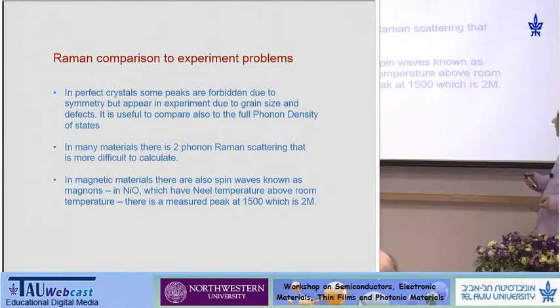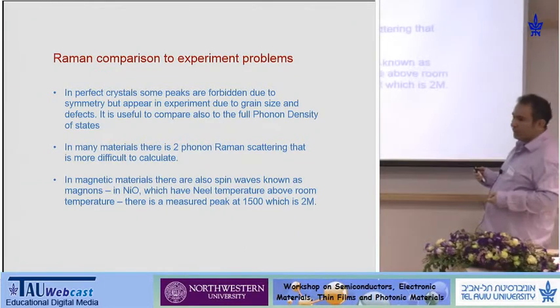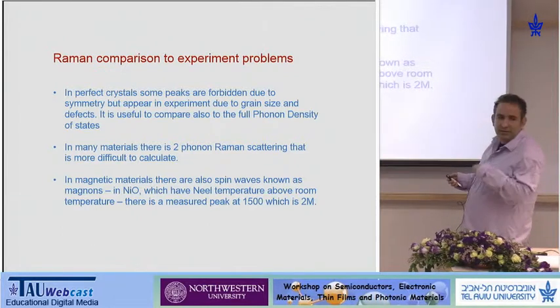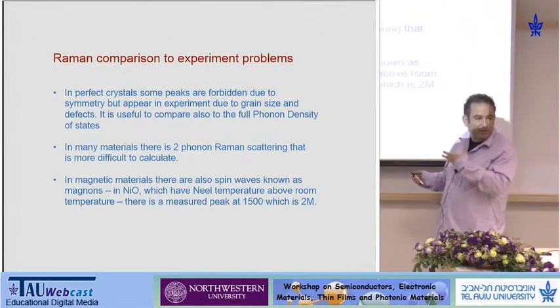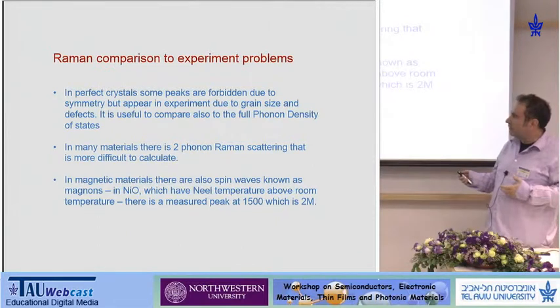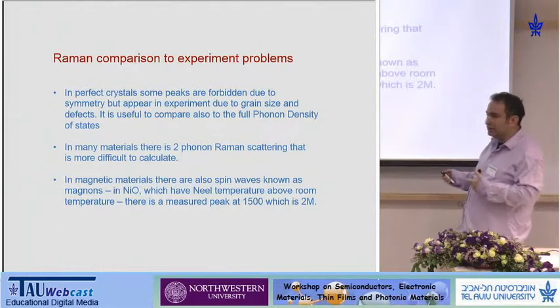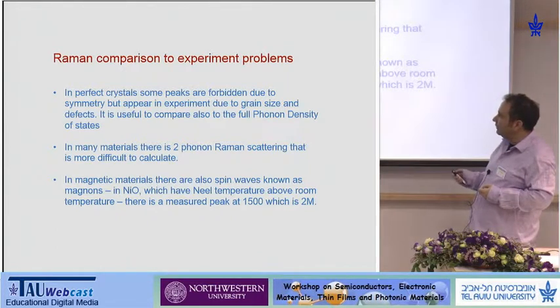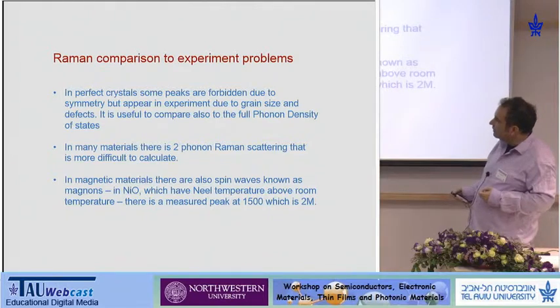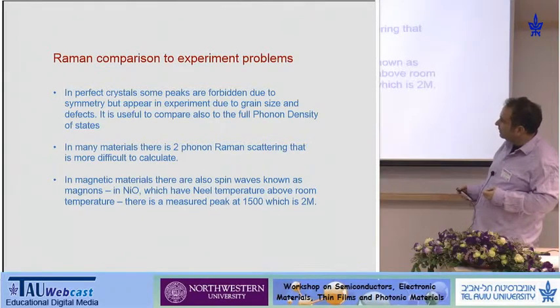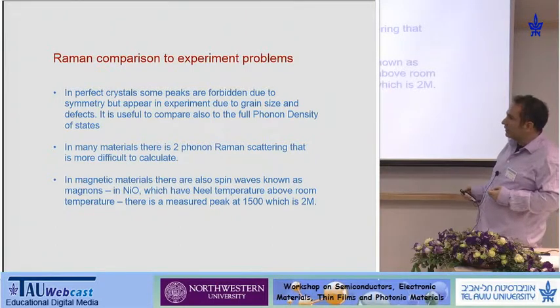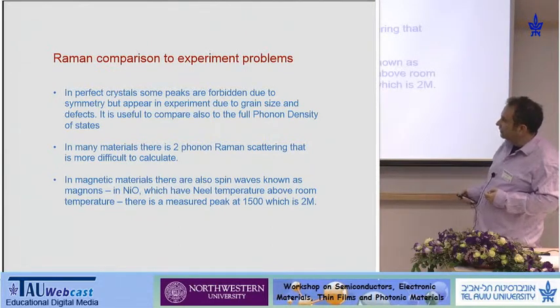In many materials, there is two-phonon Raman scattering, and this is difficult to calculate. And this is not a rare phenomenon. And in addition, in magnetic materials, we also have spin waves, like magnons, which are also not simple to calculate.